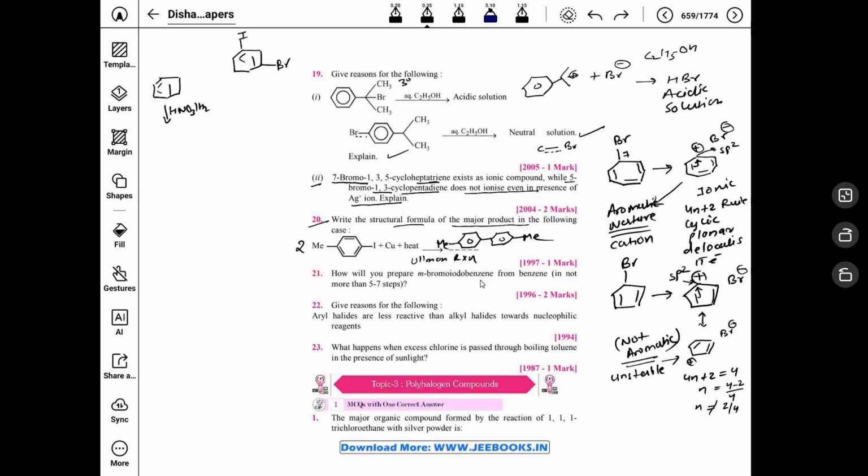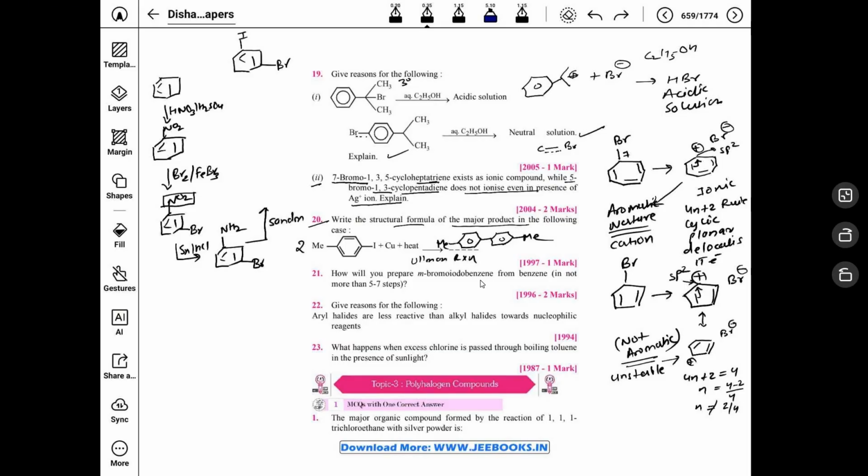If we do the nitration, we know that the nitro group is a meta directing group, and hence we can bring the bromine to the meta position. So bromination in the presence of iron bromide will give you this product. Now we have bromo at the meta position. We have to think about how to remove this nitro group. We know that this nitro group can be converted into amine by reaction with tin and HCl to NH2, and after that everything is very simple because we are very familiar with the Sandmeyer reaction.